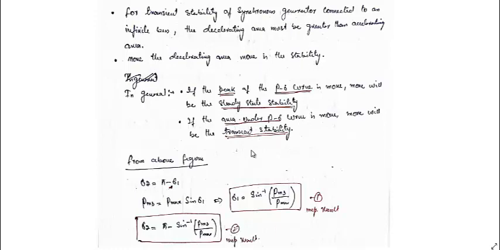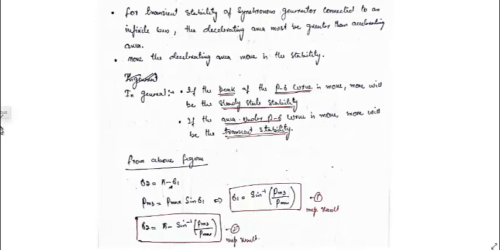In general, we can conclude from all this discussion, the higher the peak of the P delta curve, the more will be the steady state stability. The more the area under the P delta curve, the more will be the transient stability. So we can generalize it like this: the steady state stability depends upon the peak of the P delta curve, and the transient stability depends upon the area under the P delta curve.